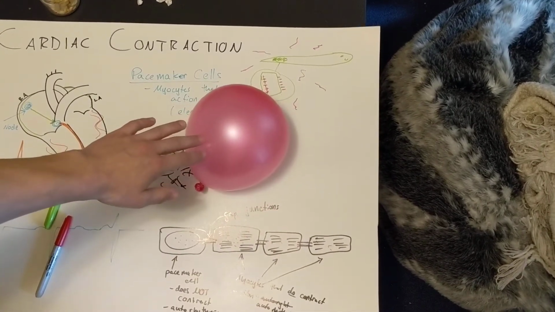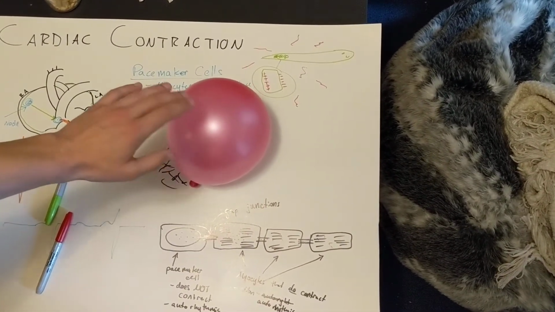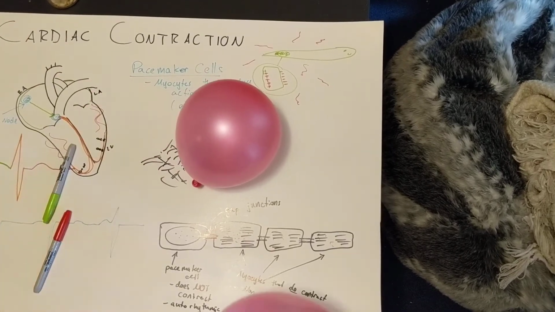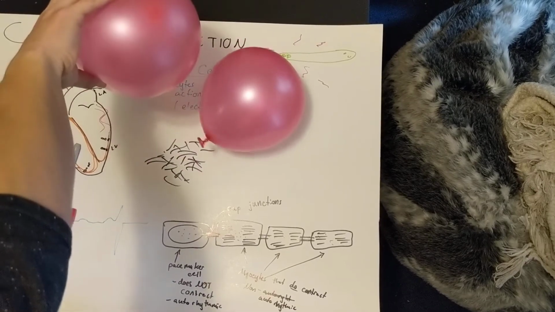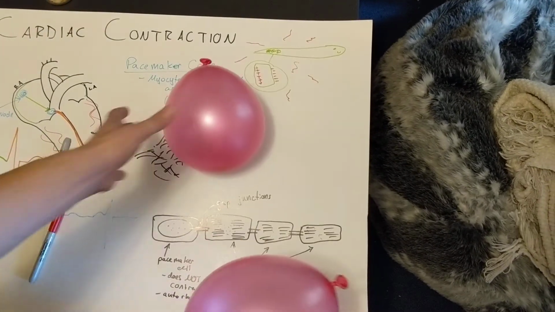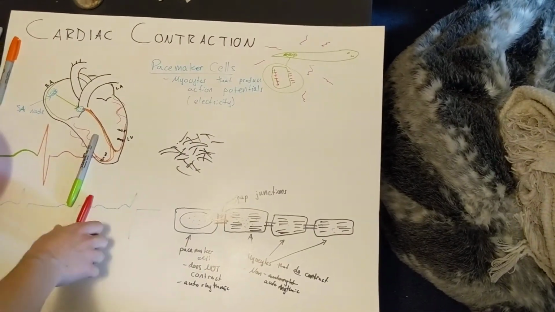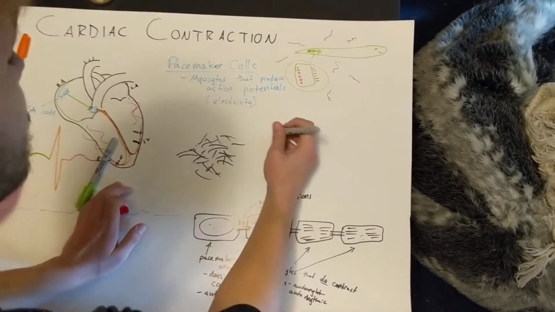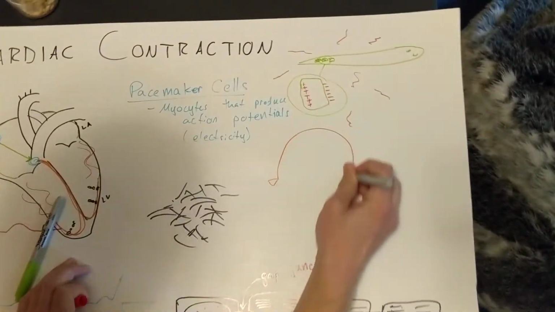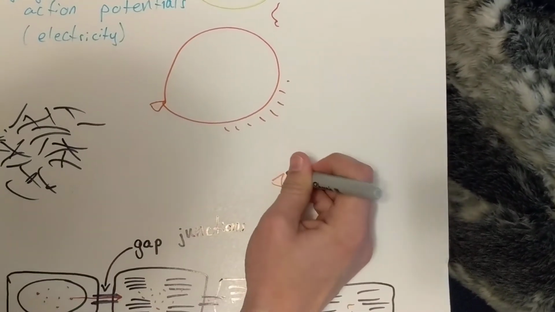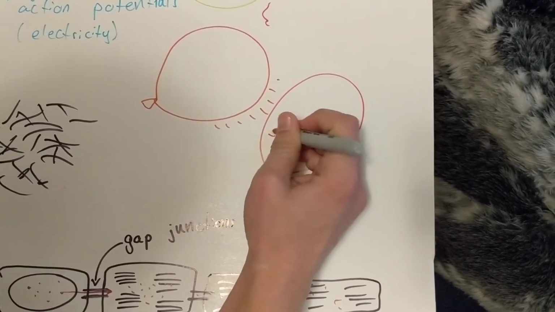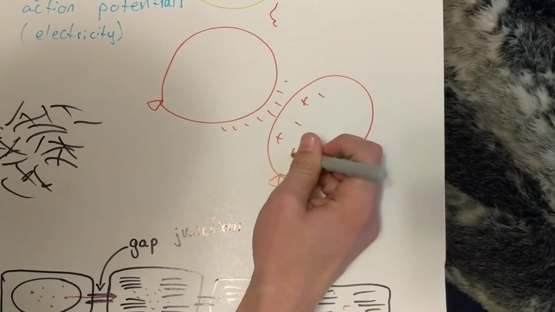So if I make this as still as possible, and then I bring this guy in closer, you can see that this balloon starts to move around due to those differences. So you have one balloon that is now negatively charged, and another balloon that is both positively and negatively charged.